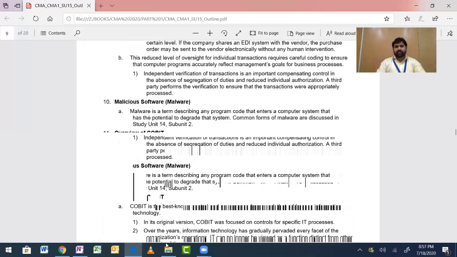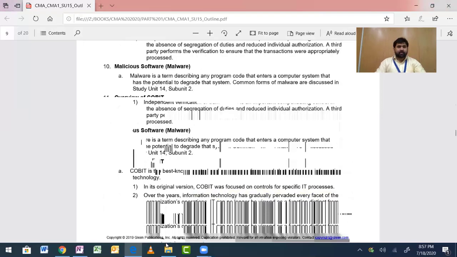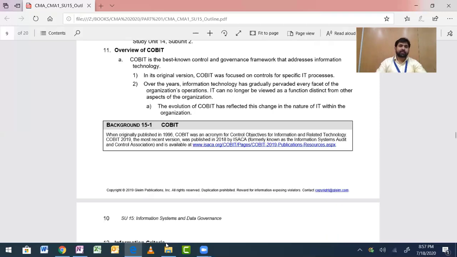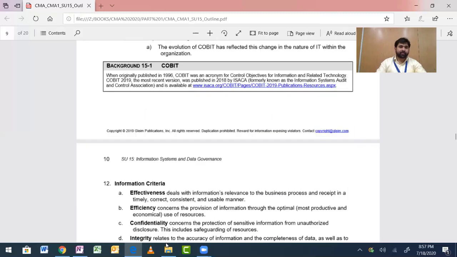Okay, COBIT has reflected the change. Fine. Now, COBIT, when originally published in 1996, was an acronym for Control Objectives for Information and Related Technology. Okay, COBIT 2019, the most recent version, was published in 2018 by ISACA, formerly known as Information Systems Audit and Control Association. So it is available here. You guys can go and find it and do some reading.